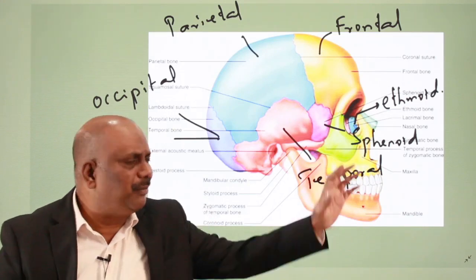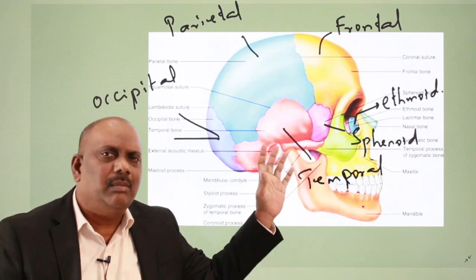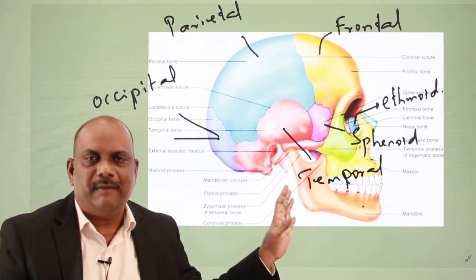So there are a number of bones here, but there is no need to remember each and every bone here.